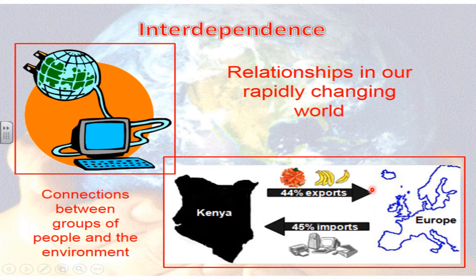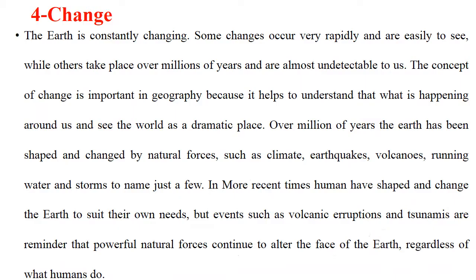Europe imports 44% of its fruits from Kenya, and Kenya exports fruits to Europe, 44%, and it also imports some electronic gadgets, 45%, that are from Europe. Due to this interchange, these two big places are interconnected with each other.